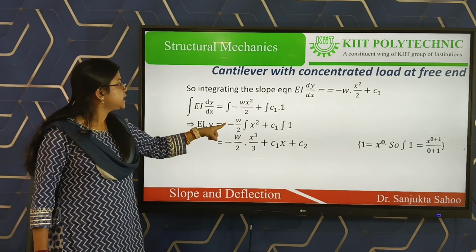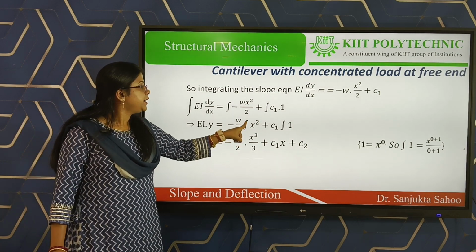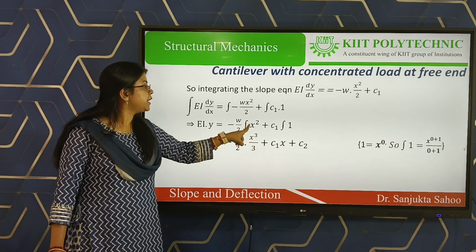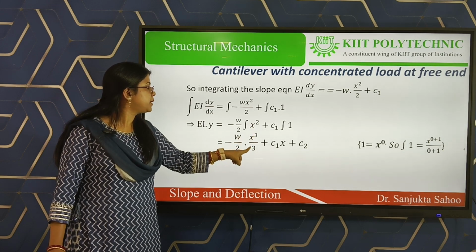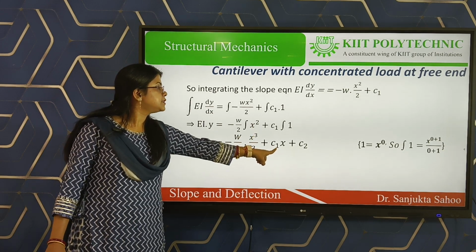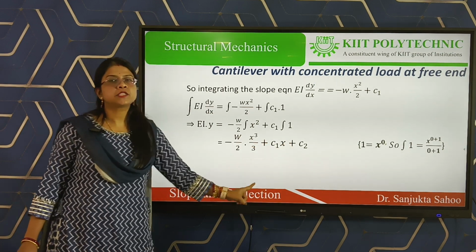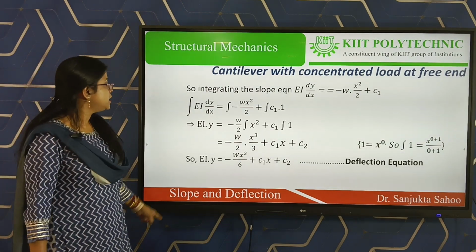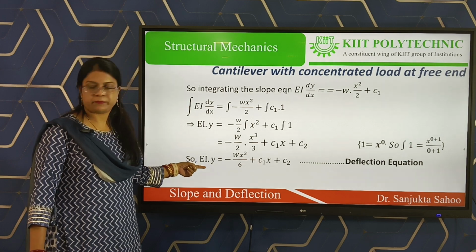Now, integration of x² is x³ by 3, that means x to the power 2 plus 1 divided by 2 plus 1. So, minus Wx³ by 6 plus C1x plus C2. Now, C2 is the integration constant for the double integration. So, here we got the deflection equation for the beam.